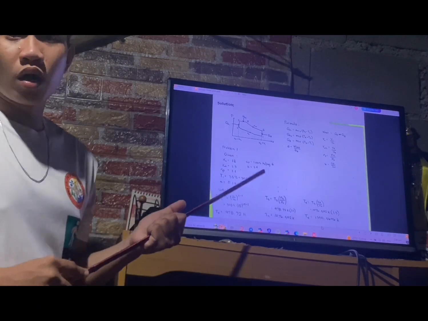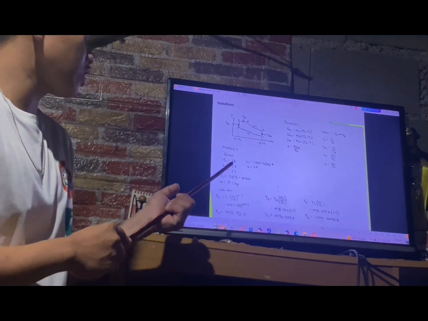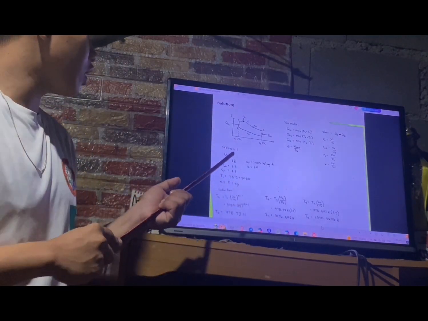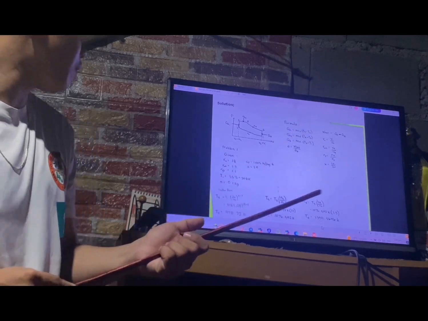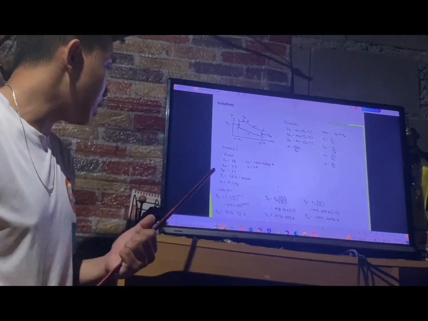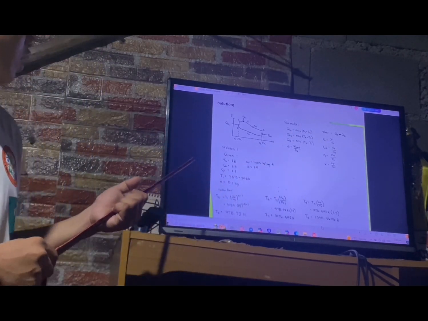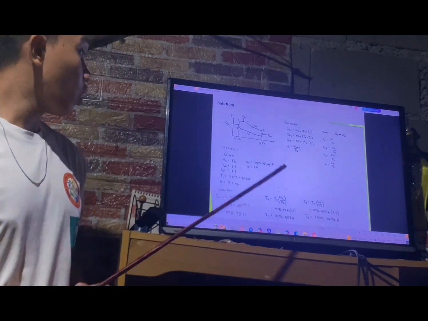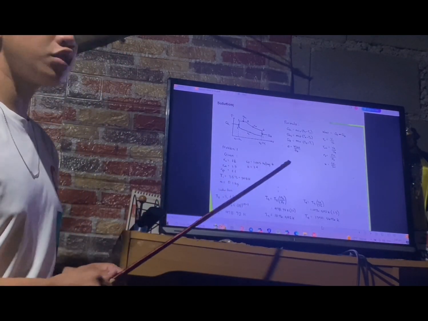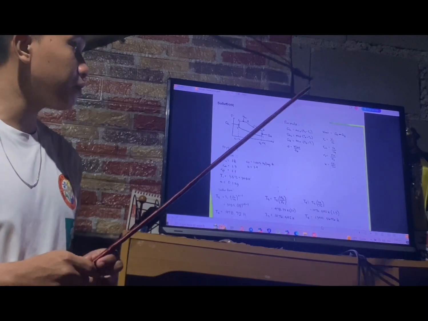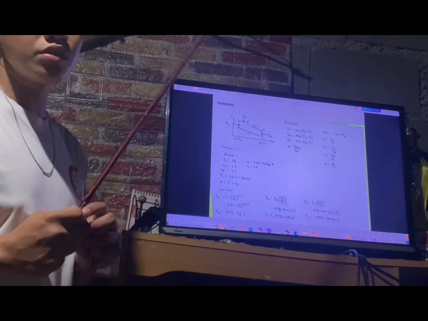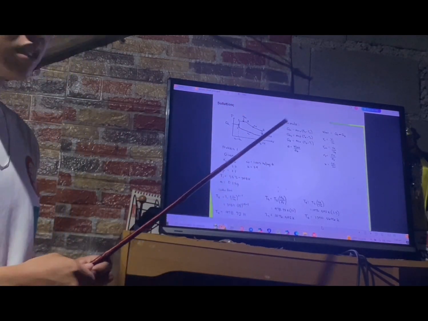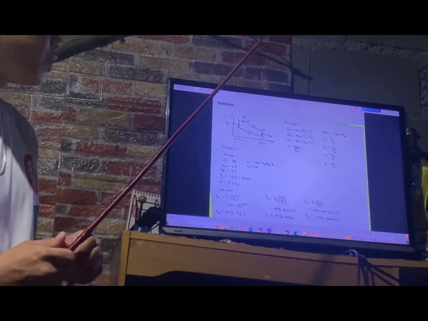The temperature T1 is 35 degrees Celsius plus 273 to make it Kelvin, equals 308 Kelvin. The mass of the air throughout the cycle is 0.1 kilogram. Also, the constant pressure specific heat Cp is equal to 1.005 kilojoules per kilogram-Kelvin, and k is equal to 1.4.